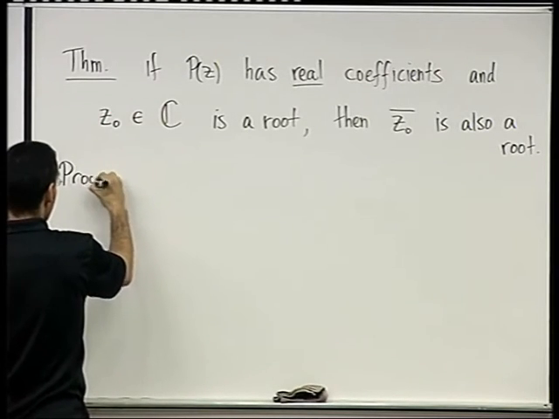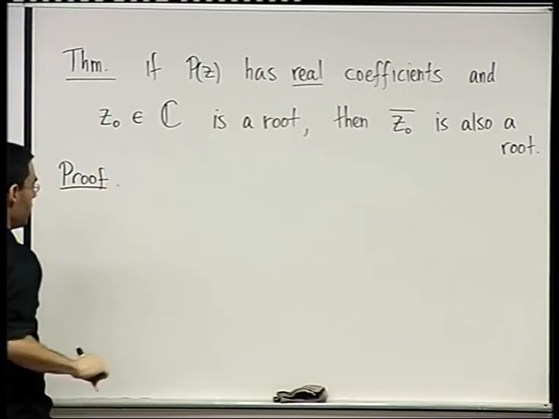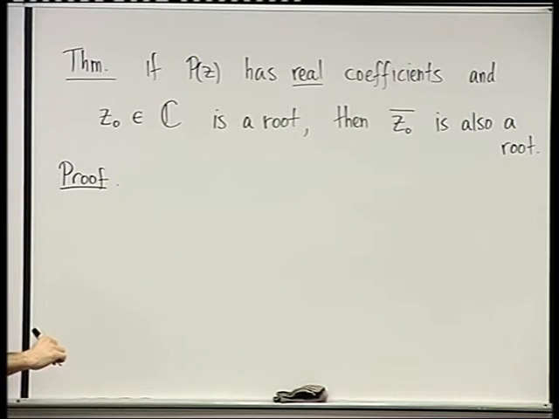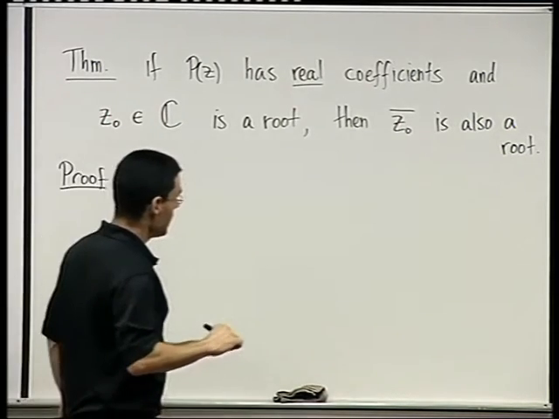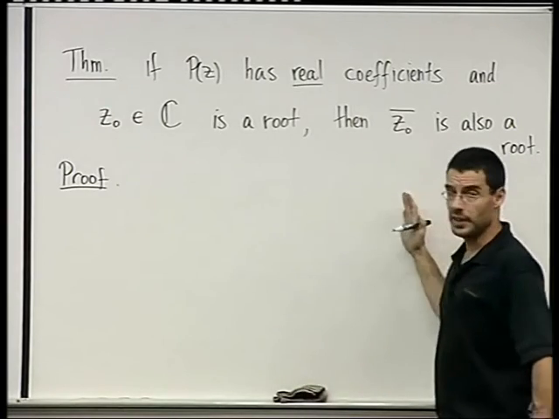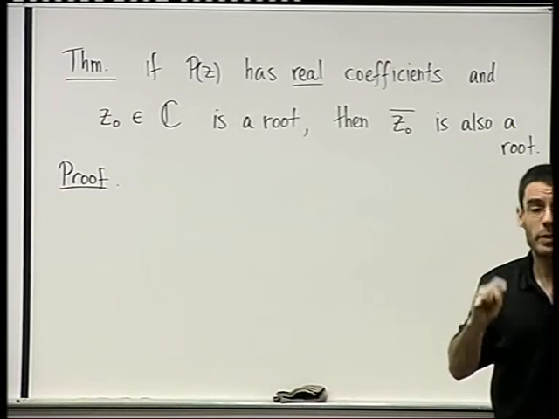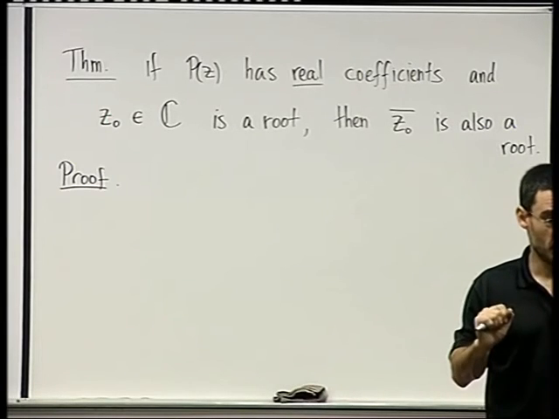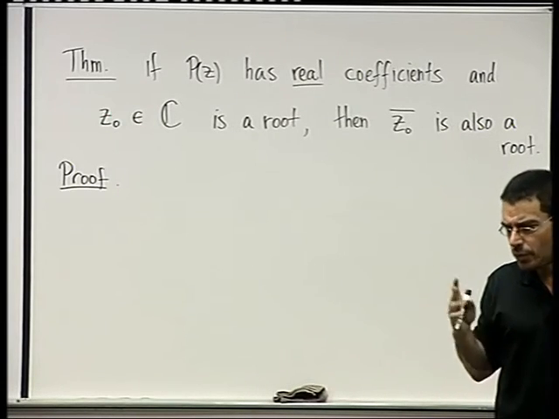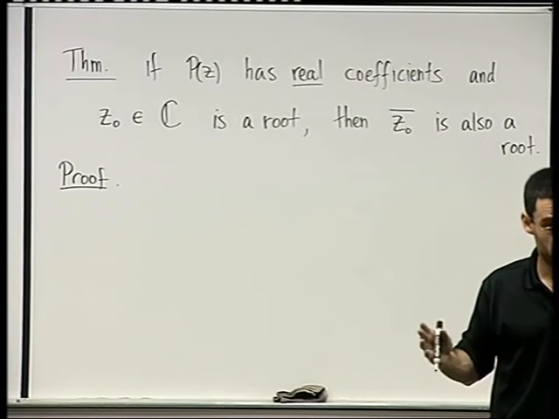Let's write the proof. How do we prove something like this? When we write a proof like I'm going to write, it may require you to go home and read it over a second time. You have to do two things when you read a proof.